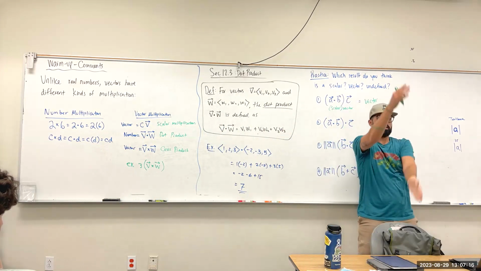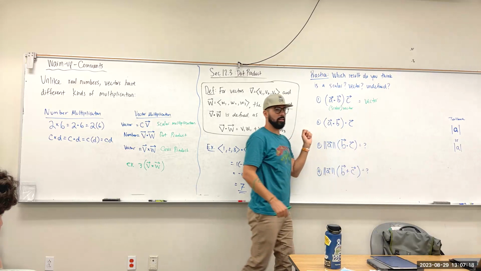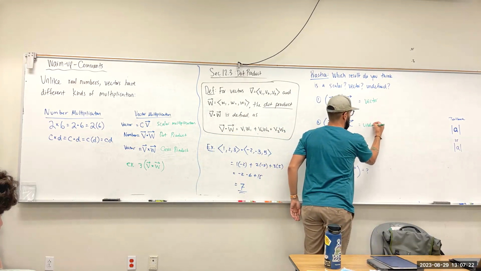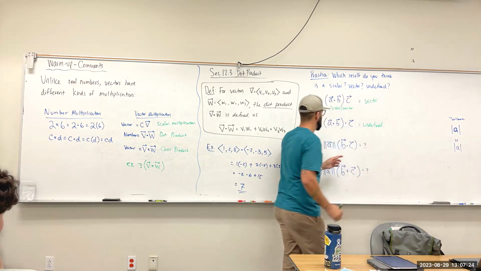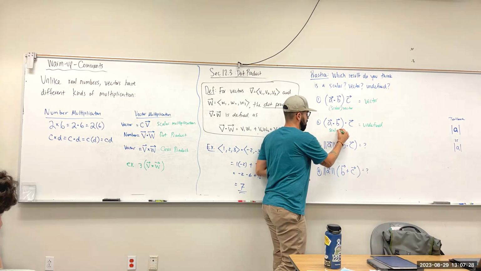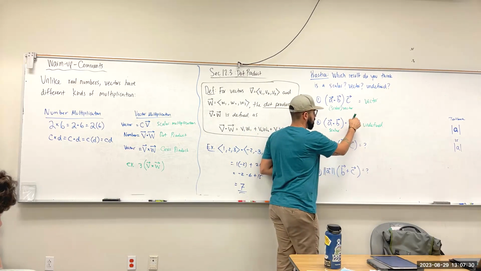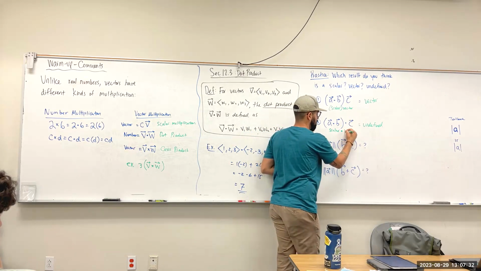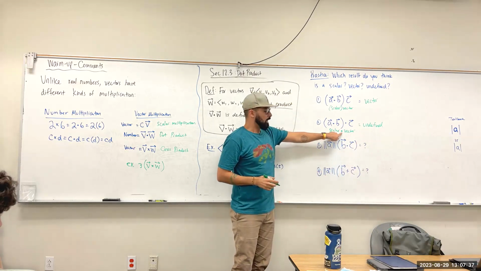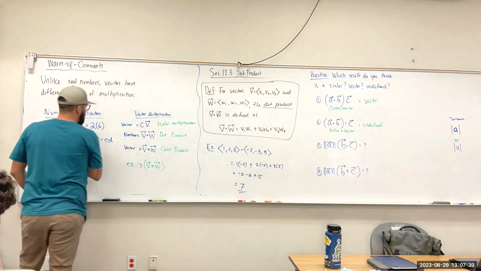Someone from this row. What did you guys say for the second one? You saying undefined? Okay, let's see. This we said already was a scalar. And then this here is going to be a what? Here's where you got to be careful.